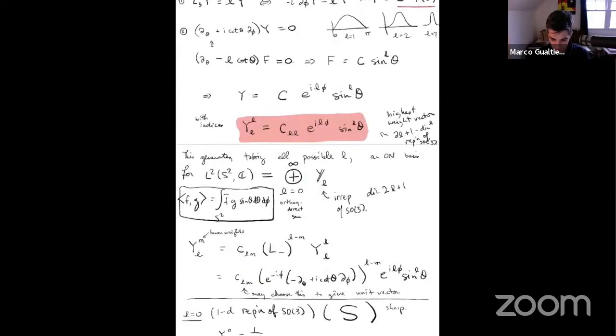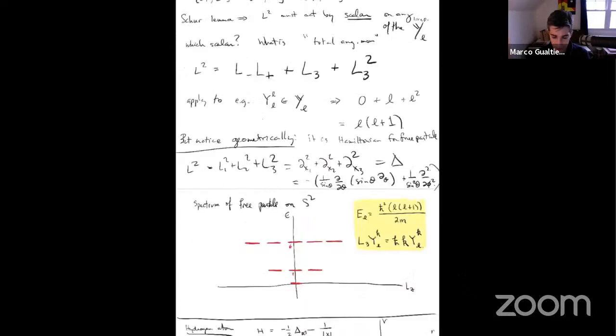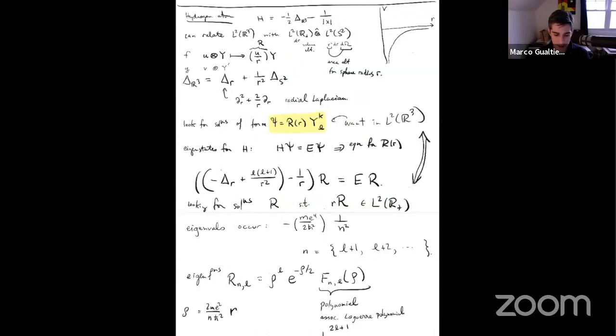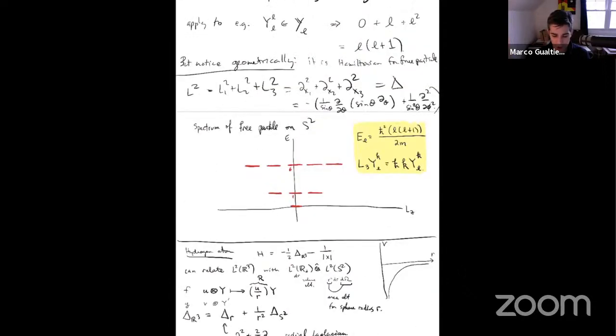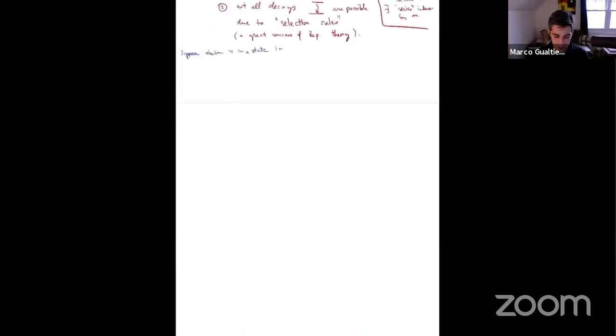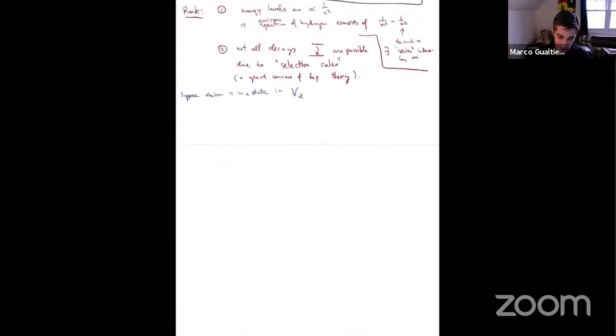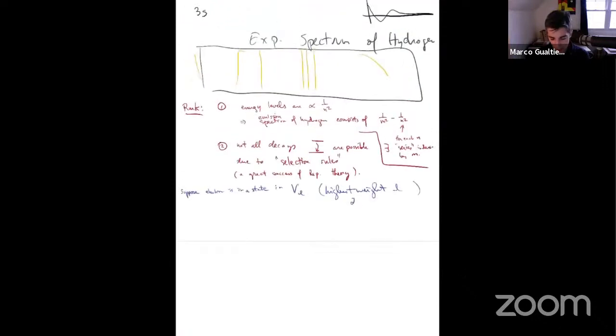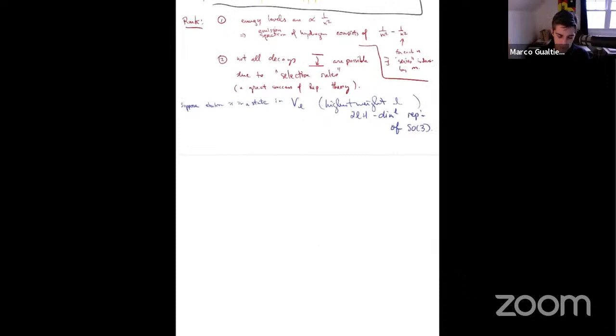You see how we indexed SPDF? That's indexed by L, the value of the angular momentum highest weight. So let's say it's in VL, the highest weight L. This means that it's the 2L plus 1 dimensional representation of SO3. So let's say it's in one of those states.